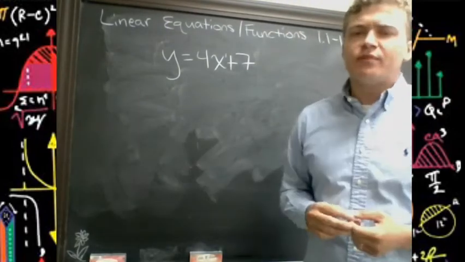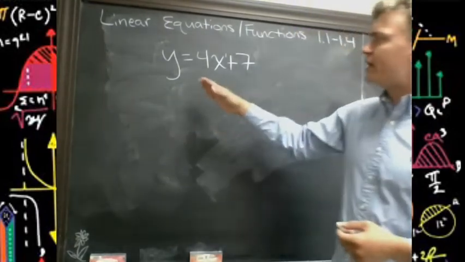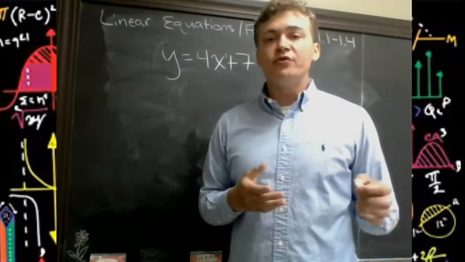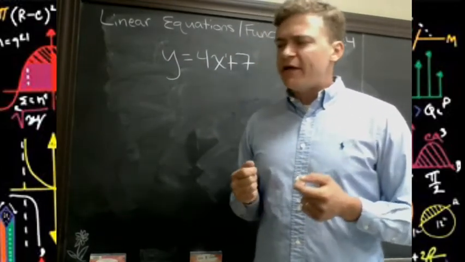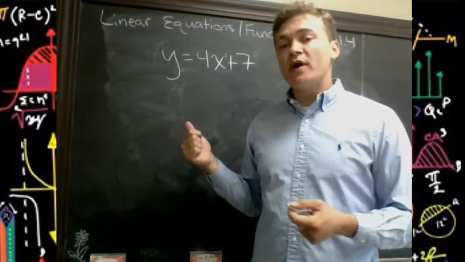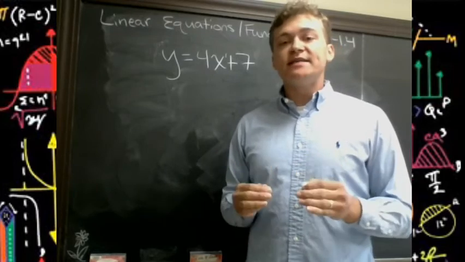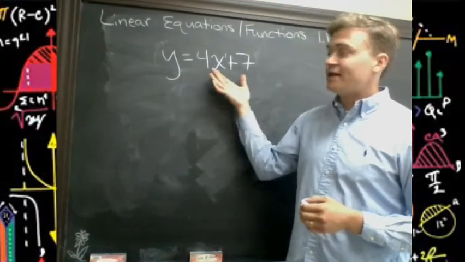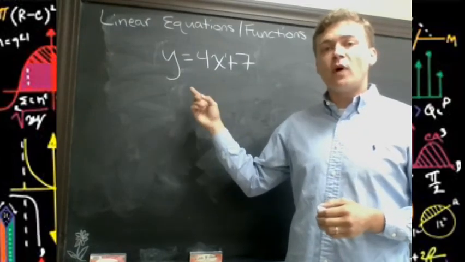So why did I bring up this linear equation, y equals 4x plus 7? Because the neat thing with 1.2 graphs of equations is if we have an equation and we want to graph it, if our equation is linear, the easiest, simplest way to graph a linear equation is to make sure that the equation is solved for the variable y.